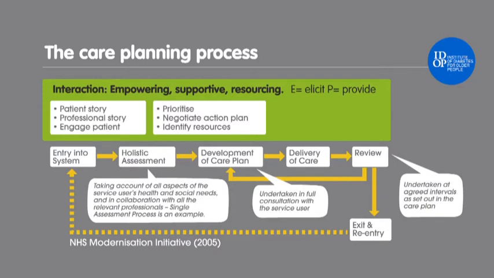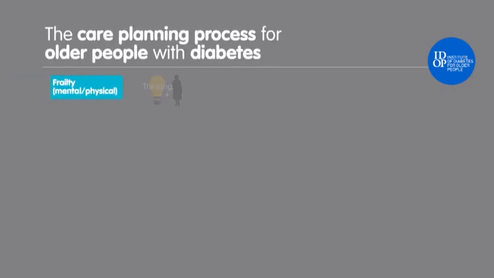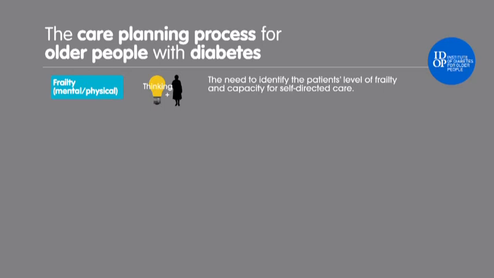In relation to older people, there are a number of additional factors that should be considered in following this process of care planning. The need to identify the patient's level of frailty and capacity for self-care. If there are deficits in the capacity of the individual to undertake the care planning process, then it's important to consider their wider supportive network.